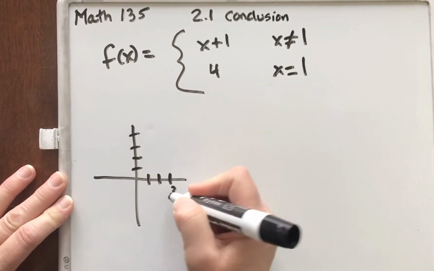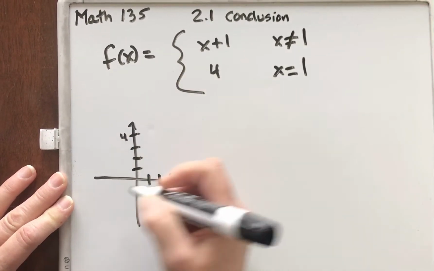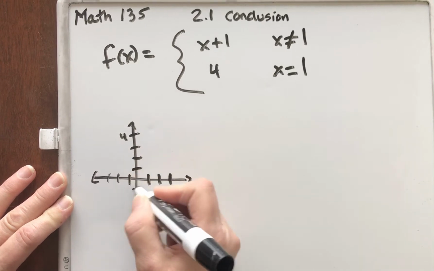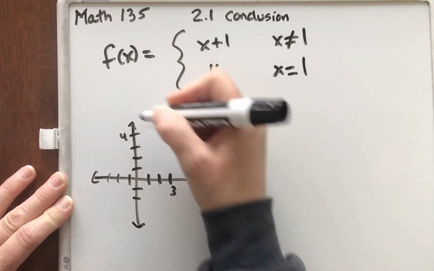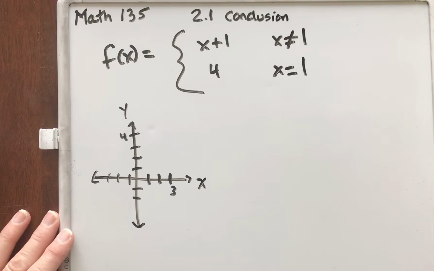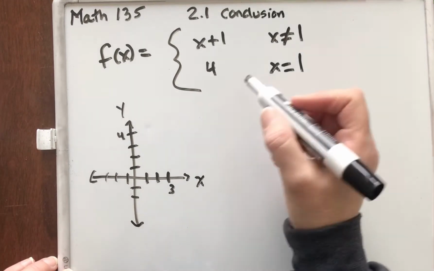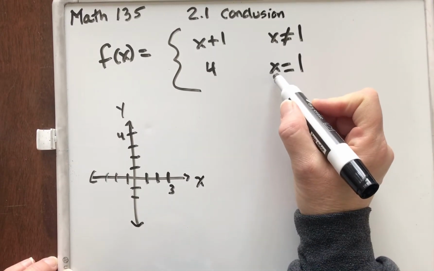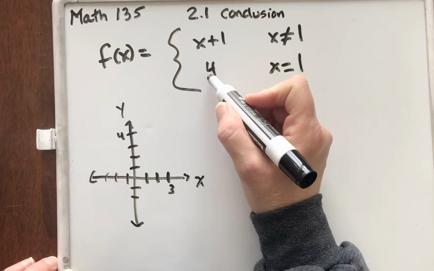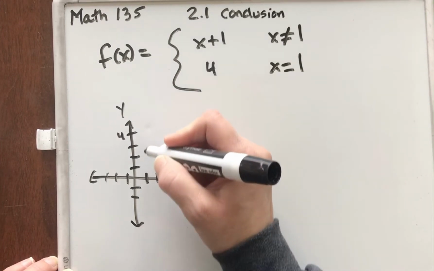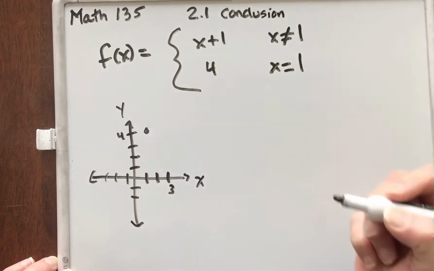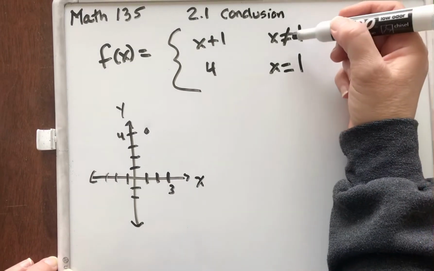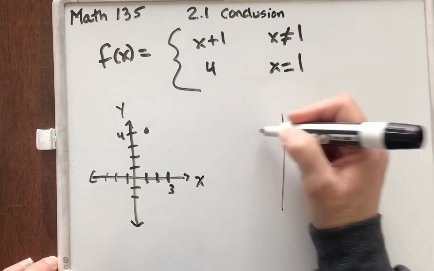We went out 3 here, 4 here. So let's do this one where x equals 1, we know that y is going to be 4. So here's 1, 4. We know that one for sure. Now where x does not equal 1, let's choose some points.